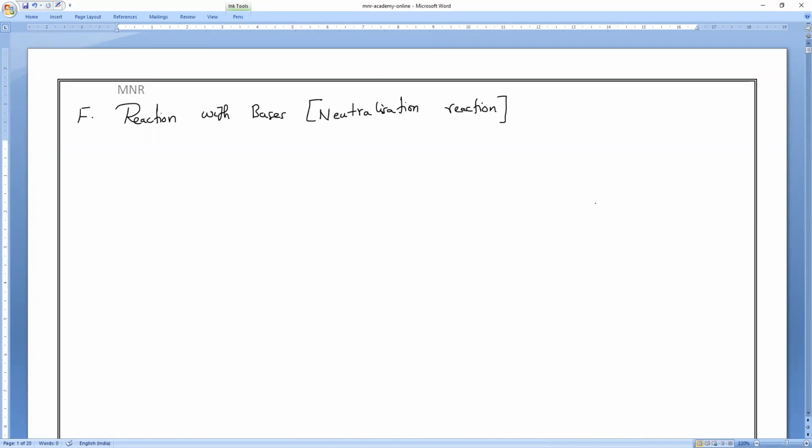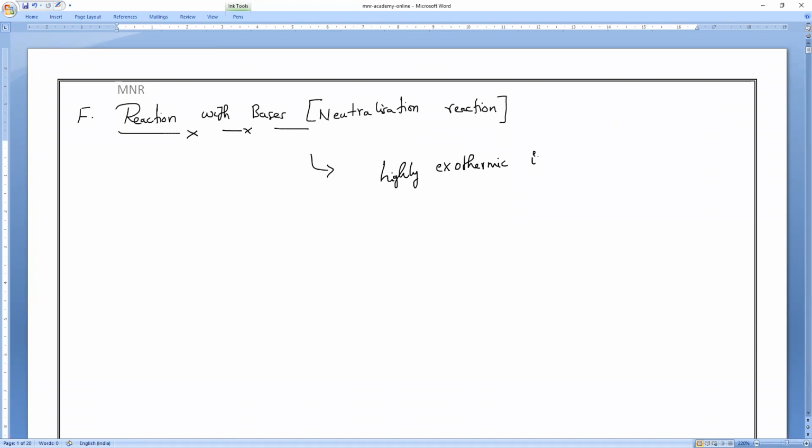But you can notice these reactions, whenever the acid reacts with the base, are highly exothermic reactions. And this is also an example of another type. Can you tell me, a neutralization reaction is a subpart of which other reaction? Harish? Double displacement.